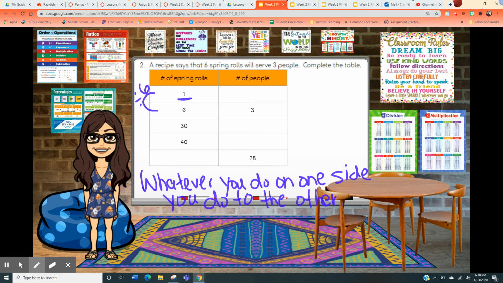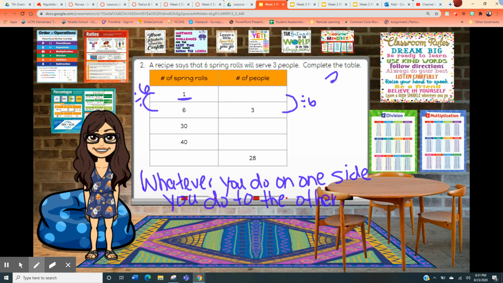So if I divided 6 by 6 to get 1, remember, I want to take this second number and do the same thing. So I'm going to divide it by 6. Remember, it doesn't mean that I'm going to do 3 divided by 3. It means I'm going to do exactly what I did on the first side. So if I do 3 divided by 6, I got to think about that for a second.